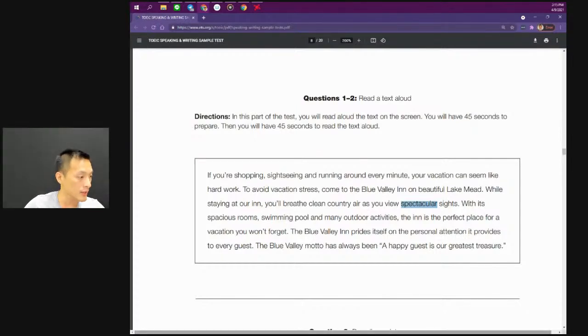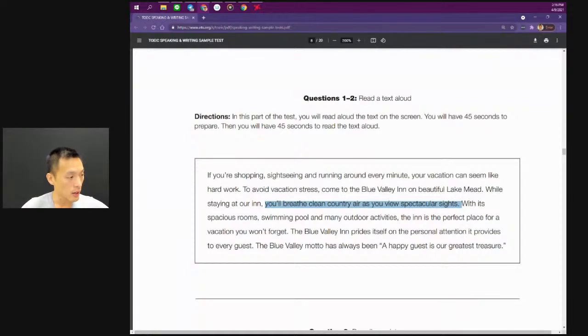So I would just read off this sentence right here. The first time I'm going to read it with the stress on the first syllable of spectacular, and the second time I will read it with the stress on the second syllable, right? But I will read it with conviction. I will read it as if I am saying the right thing, even though I'm not sure whether it's the right thing or not.